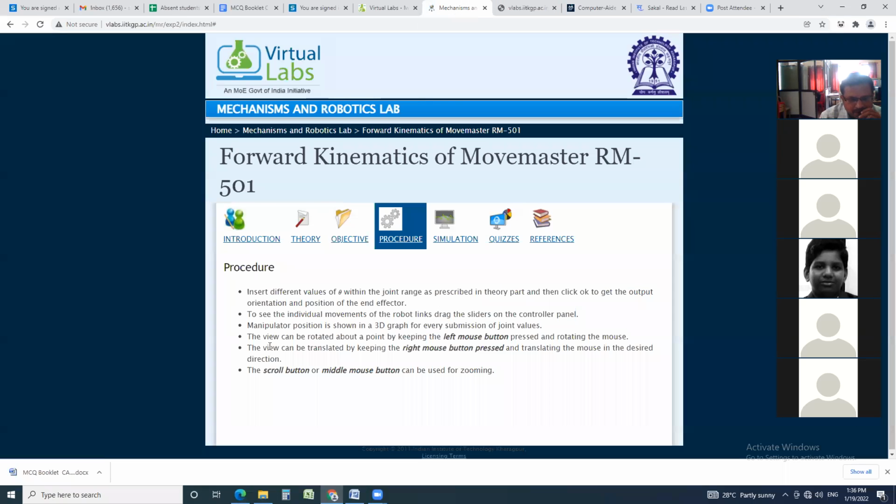Then manipulator position is shown in a 3D graph for every submission of joint values. The view can be rotated about a point by keeping the left mouse button pressed and rotating the mouse. Okay.